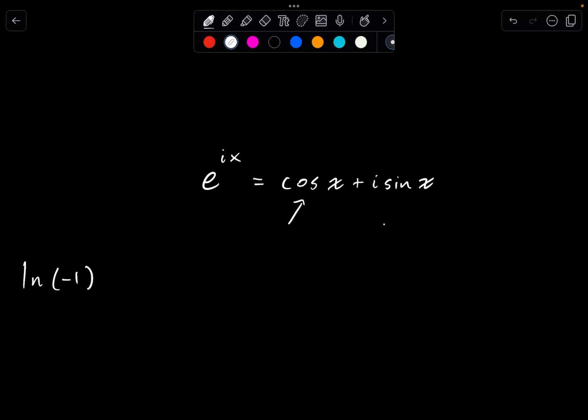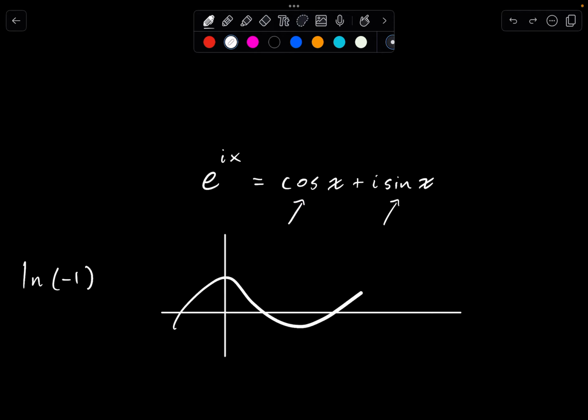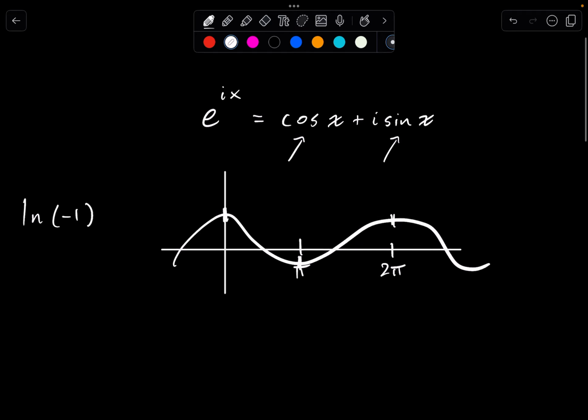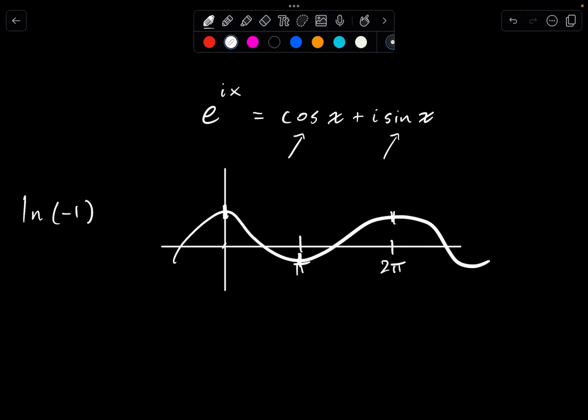Both cosine and sine are built around the period of pi. If we look at the graph of cosine, if I can draw it real quick, like this, everything on cosine is built all around pi, just like this. Its maximum, its minimum, everything is on pi. And if we look at sine of x, we have just like this.